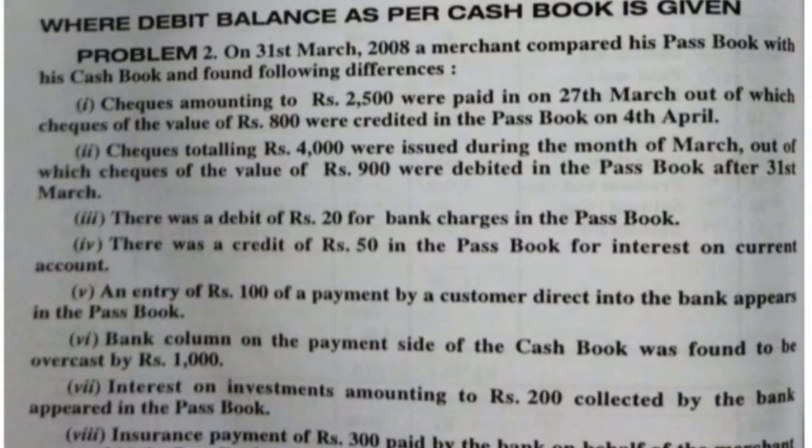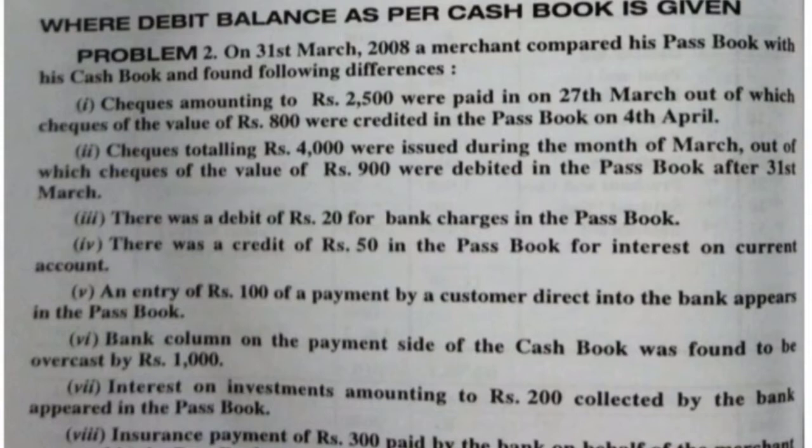In problem number 2, the question is: on 31st March 2008 a merchant compared his passbook with his cash book and found the following differences.